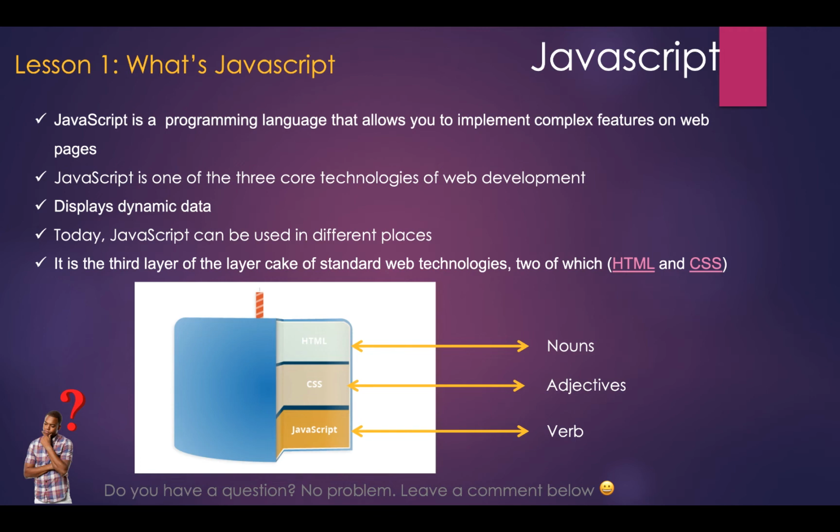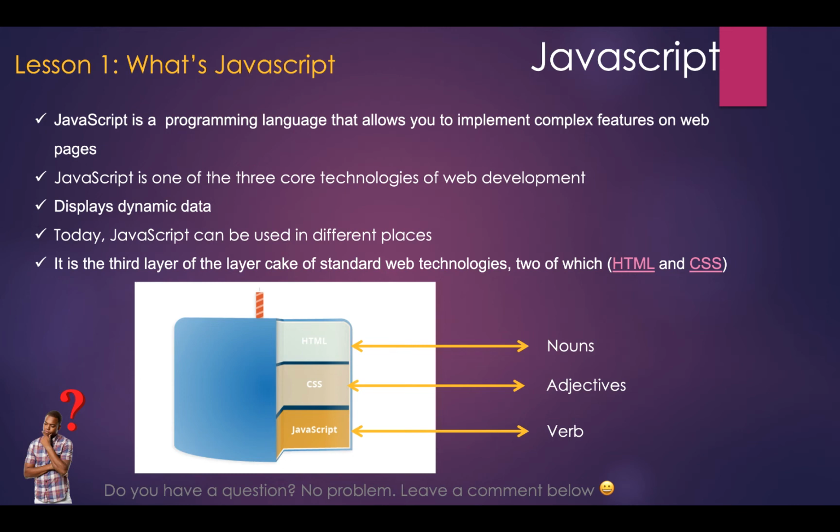Okay, so let's look at the next point. It says that it is the third layer of the cake of standard web technologies, two of which are HTML and CSS. Okay, so I believe you have some knowledge in HTML and CSS. So when you design with HTML and CSS, let me say that HTML is called the nouns. The nouns, HTML gives you the skeleton of your application, how the whole thing is structured.